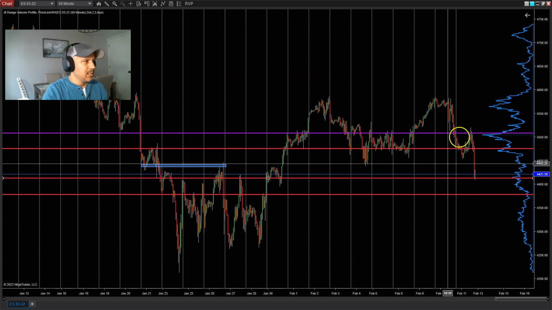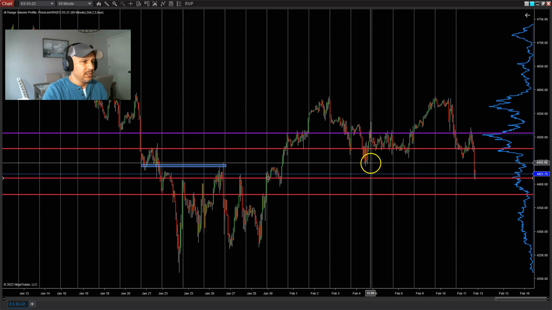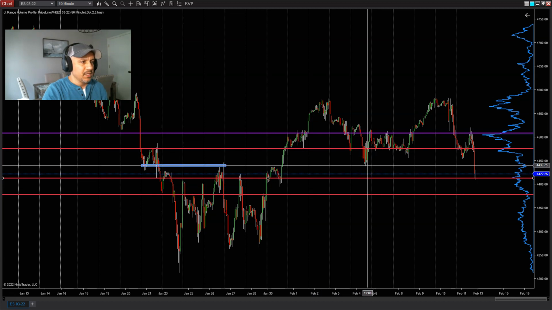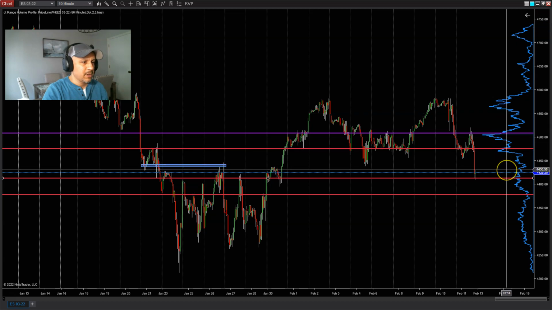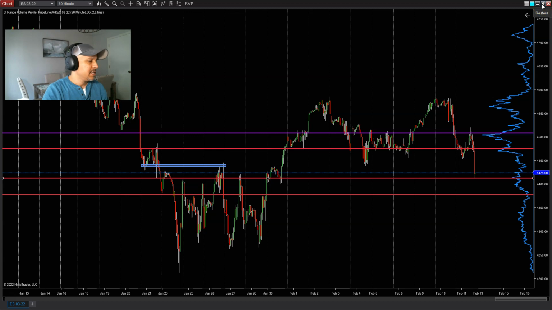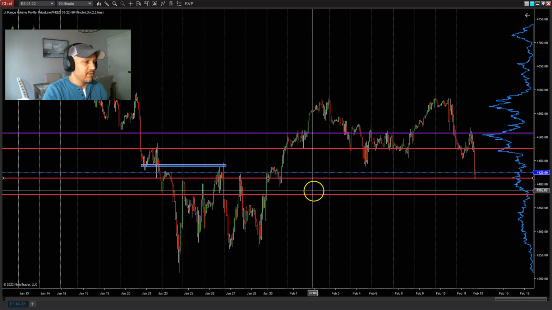So this could get a push back up, possibly just to test this area right here, around 44.40, which is a pivot area. We're already close to it because we got up to 44.30. Not saying it's going to do that, but we are hitting an area of demand right now.